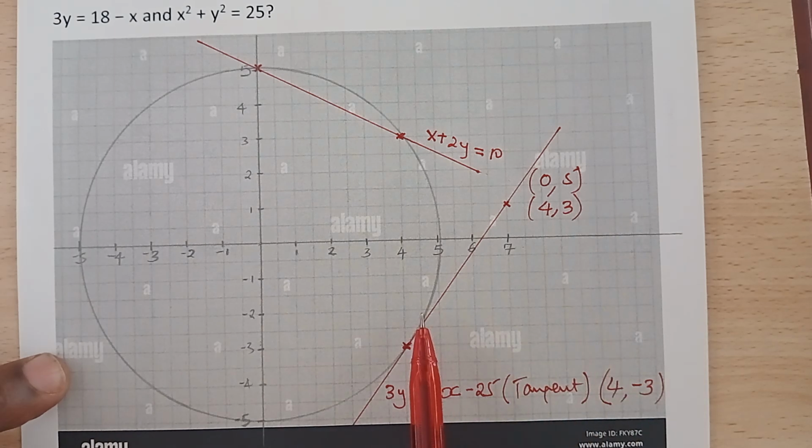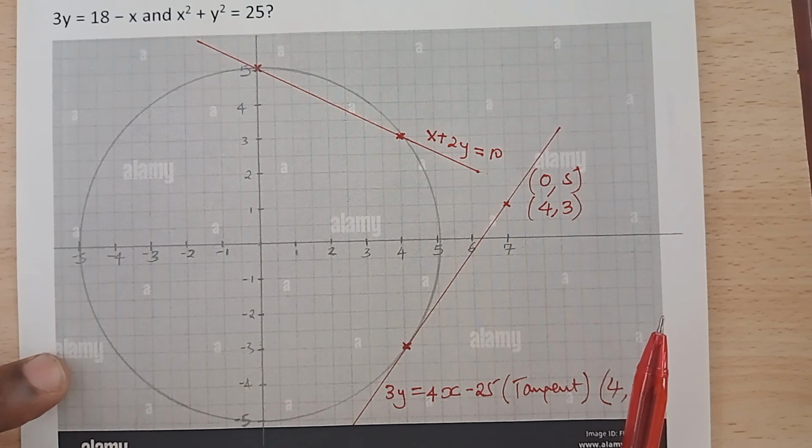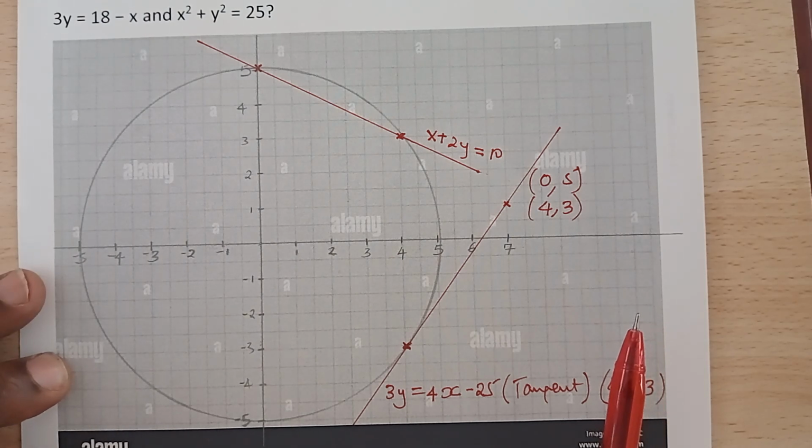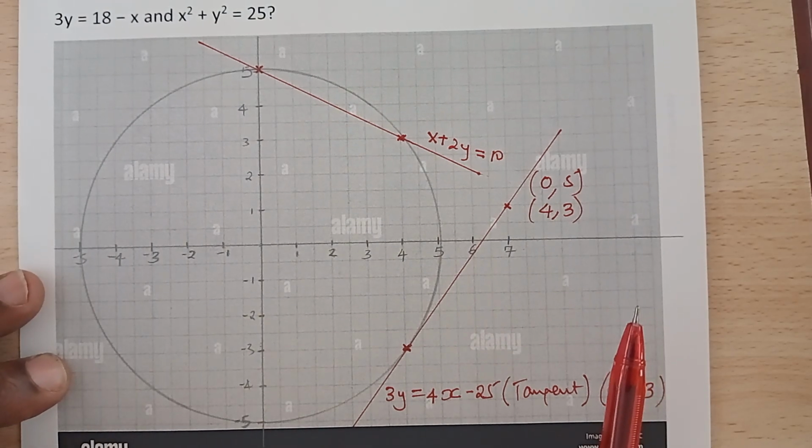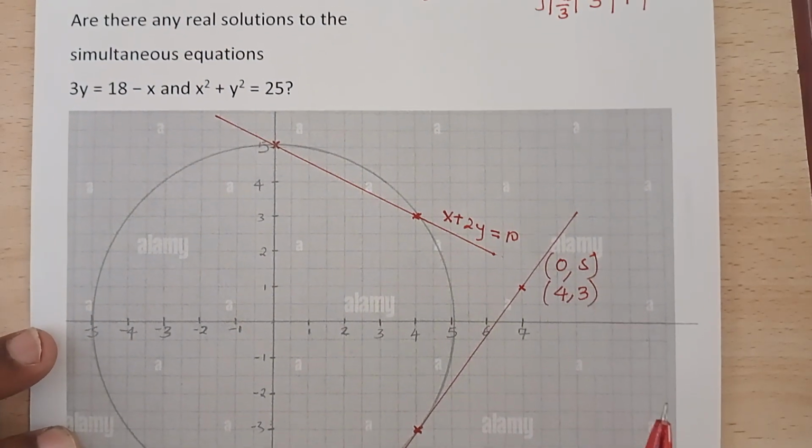We have one value of y and one value of x, which appears at the point of intersection. One point of intersection, we talked about a tangent, and we have one repeated root. In a situation whereby the graphs do not at all intersect, then we have no solution.